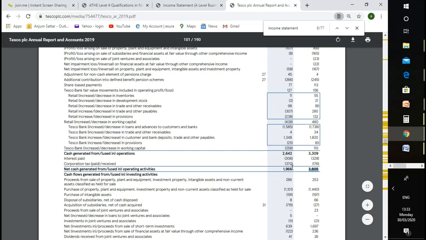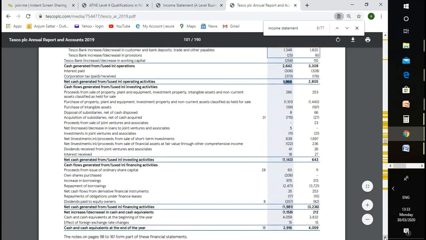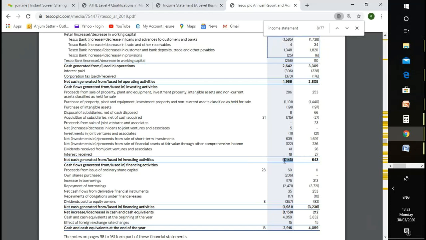This year the cash balance dropped: last year was 2805 million, and now we have a 1966 million positive cash balance. Then we look under investing activity, whether we invested more cash. Last year the cash was positive 643. Now we have invested in property, plant, equipment, or long-term non-current assets. We bought more, or maybe we opened more stores, so the cash went out from the business.